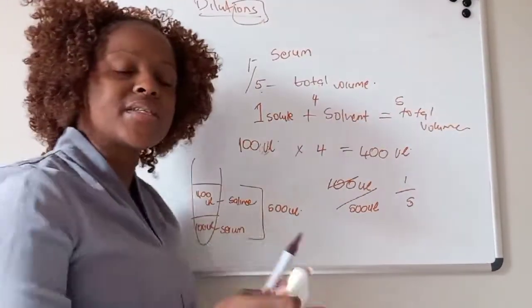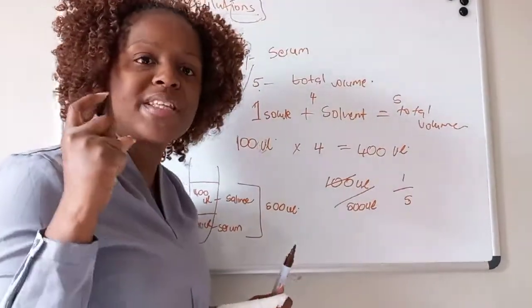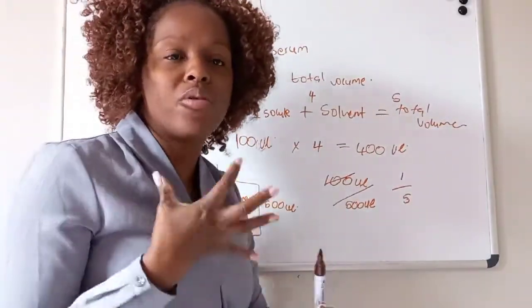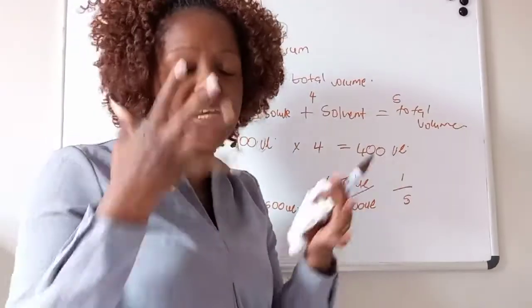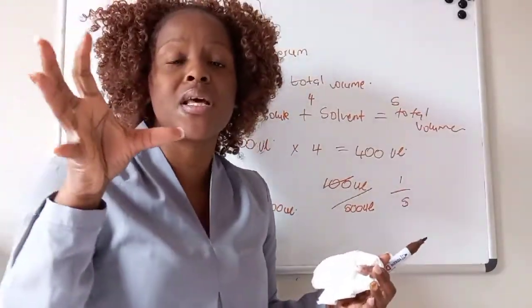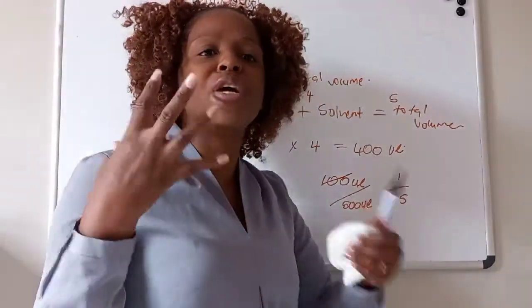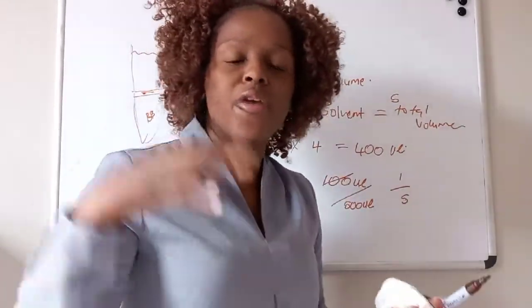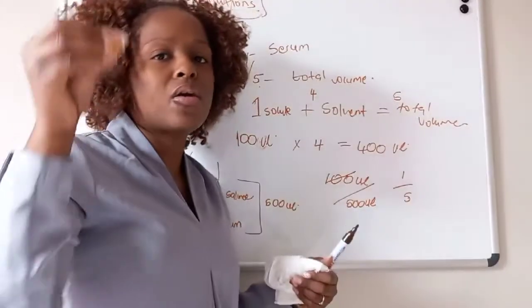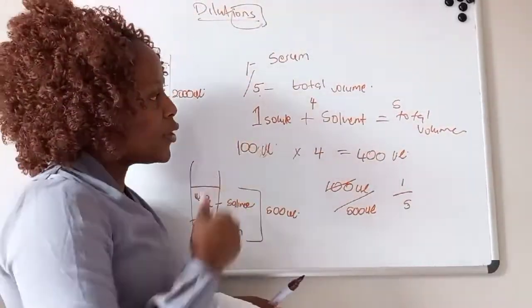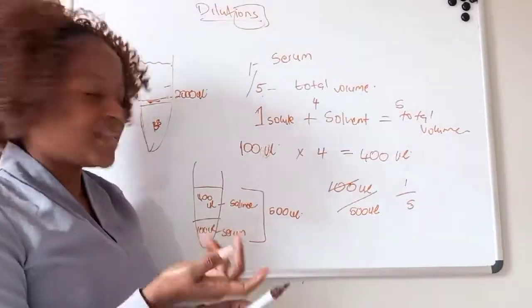First thing first, if you know how much serum is left in your tube, then you need to determine in your head, taking into consideration the pipettes that you have in your lab, the volume that you want to use, and then you can determine the volume of the solvent. Then voila, you have your dilution.